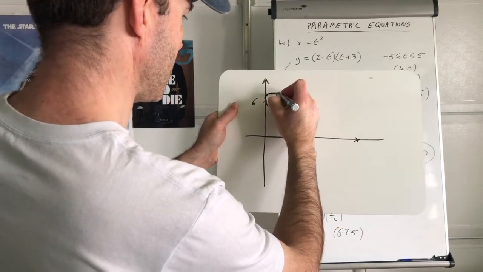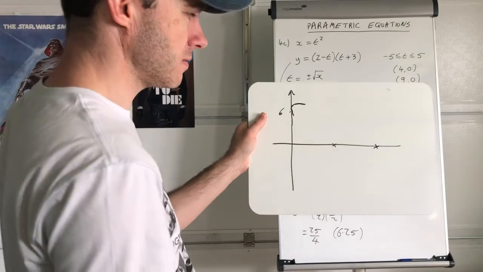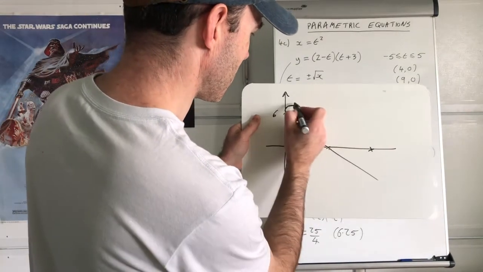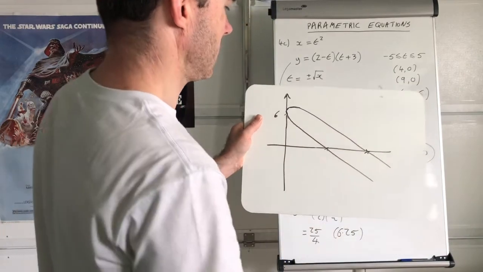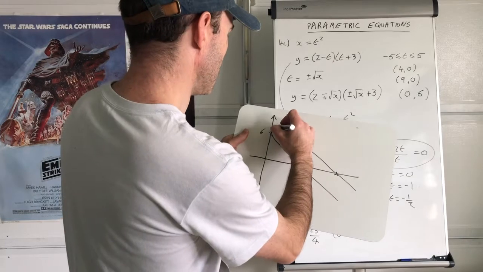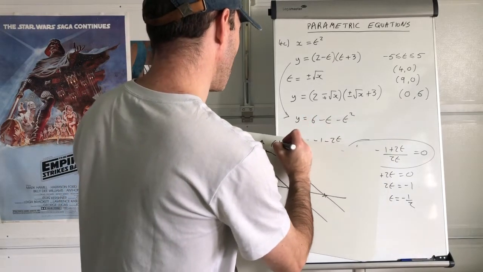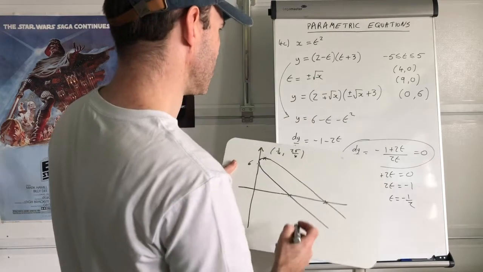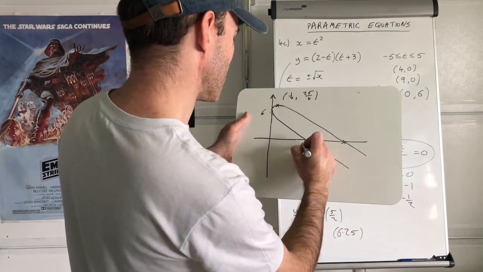It's kind of interesting. Now I'm thinking the graph is going to do this. How do I know it's going to do that? Let's just mark in the maximum point there of 1/4, 25 over 4. And that's because this is kind of my finish of the graph sketch.